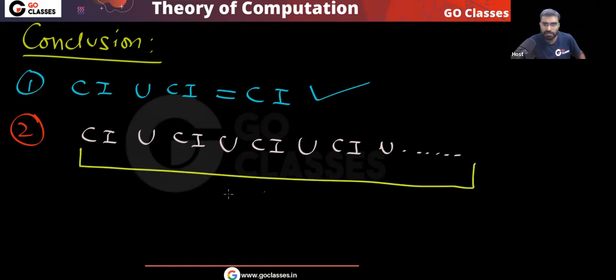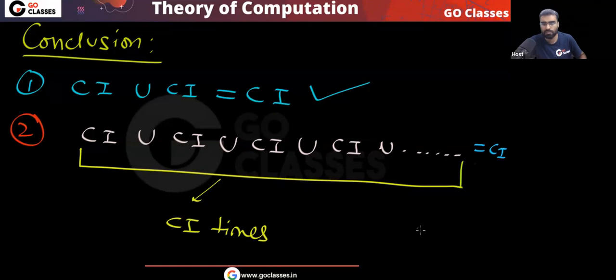How many times? Countable infinite times. The result will still be countable infinite. Understood? Let me know. So this is interesting.